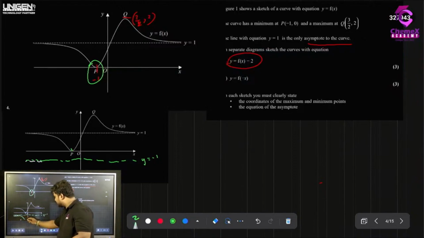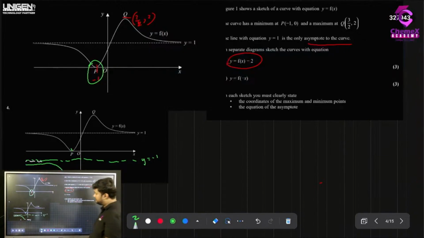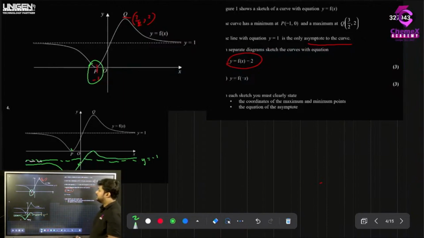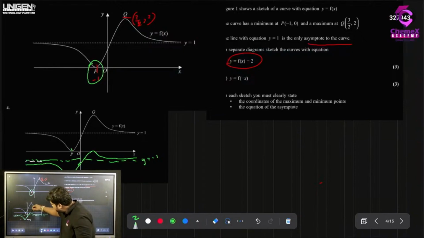Go from -2. Then it will turn around like this. Go from here. Where will the Q be? Exactly at the y axis.